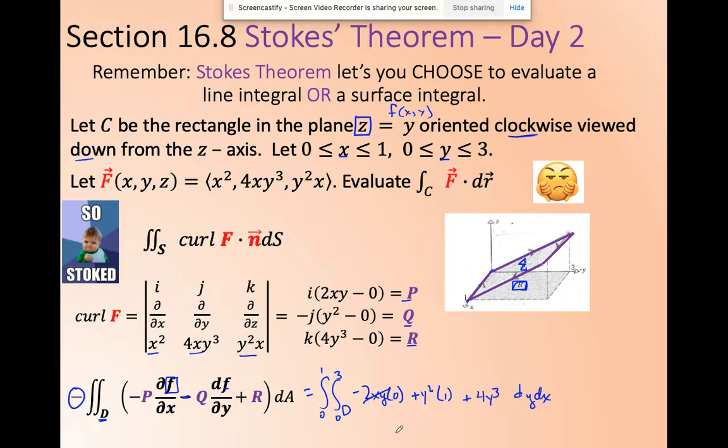Remember, that goes away. So I'm integrating y squared plus 4y cubed from 0 to 3 dy. And then you're going to integrate that result, dx, from 0 to 1. Don't forget the negative.